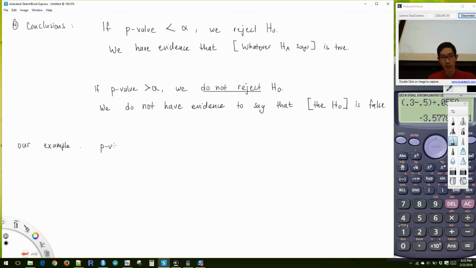Okay, so in our example, our p-value is 0.0002, our alpha is 0.05, our p-value is less than alpha.